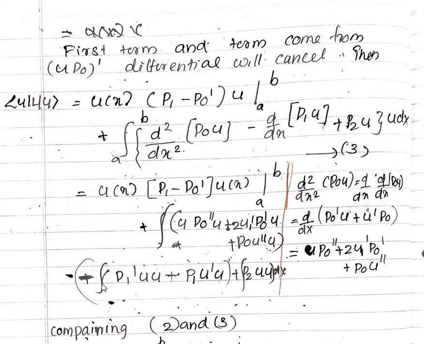So if we put a bracket here, we can write here as plus. This is p1 u dash u plus integral p2 u u dx.